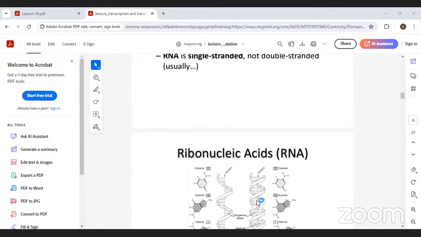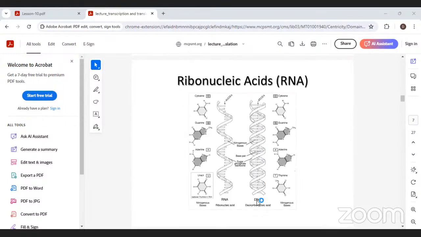You can observe the RNA strand is only a single strand: cytosine, guanine, cytosine, adenine, uracil. But in DNA, you can observe the double strand.